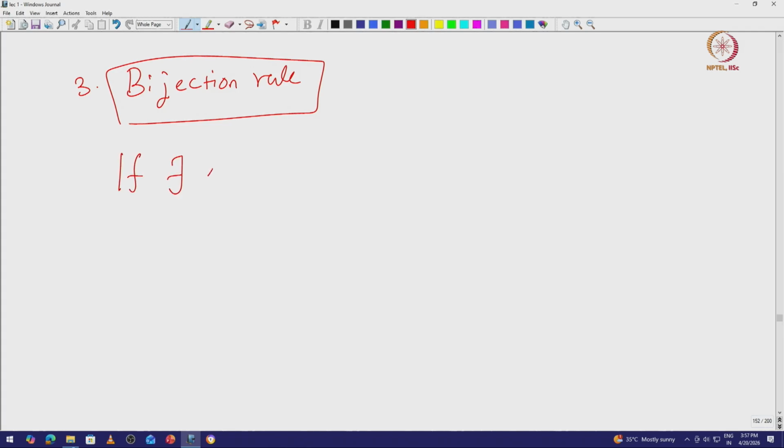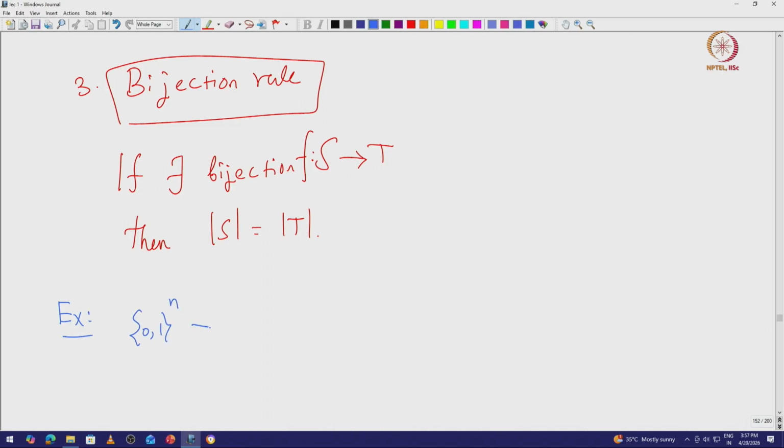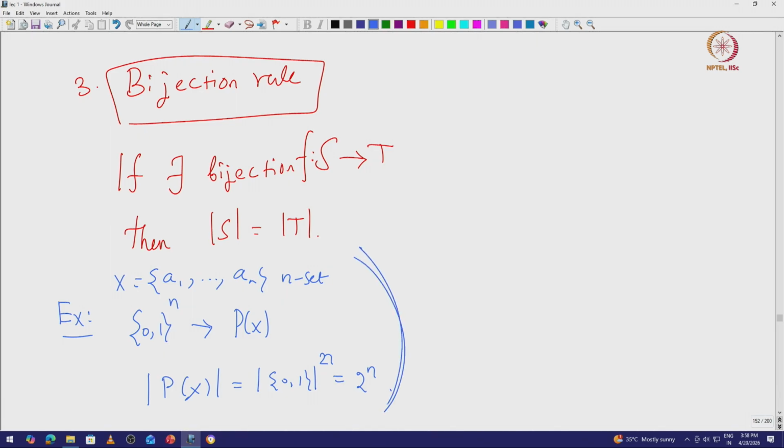If there exists a bijection F between the set S and T, then the cardinality of S is the same as the cardinality of T. For example, we already have the bijection between {0, 1}^n and the power set of X, where X is given by, let us say, {a1, etc., an}, which is an n-set. In particular, the cardinality of P(X) is the same as the cardinality of {0, 1}^n, which is exactly 2^n. This is something we already checked, so I am not going to repeat that.